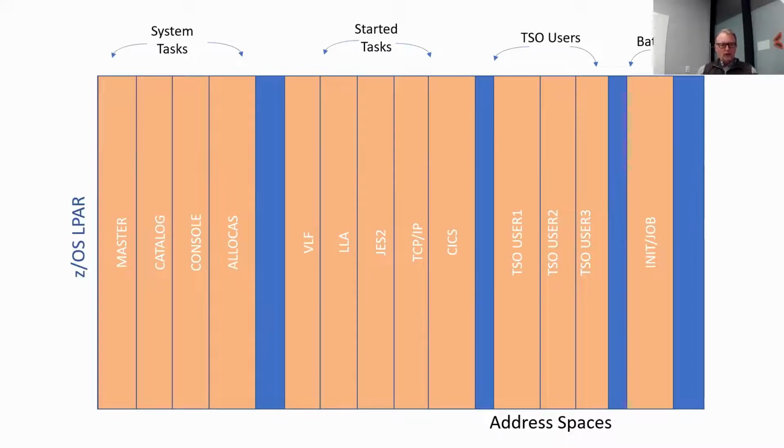So essentially, if one of these TSO address spaces crashes because somebody wrote some code that abends and brings this address space down, because it is a virtual and a unique copy, it doesn't affect anybody else on the system. Maybe if some of these system tasks failed, it would matter because they're controlling important functions, but they technically wouldn't affect things operating in other address spaces.